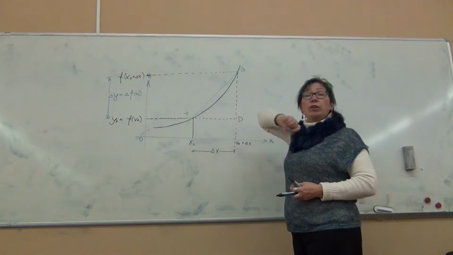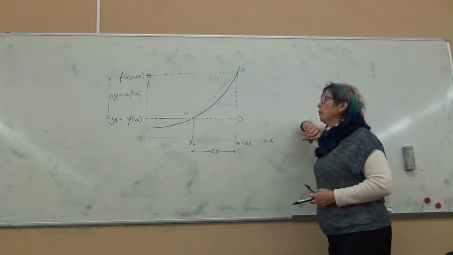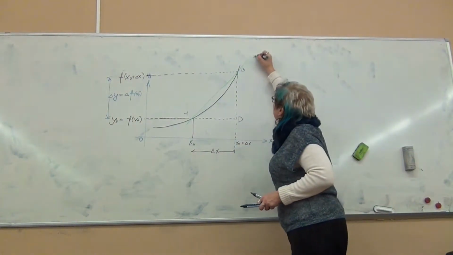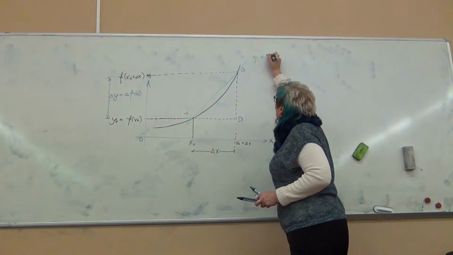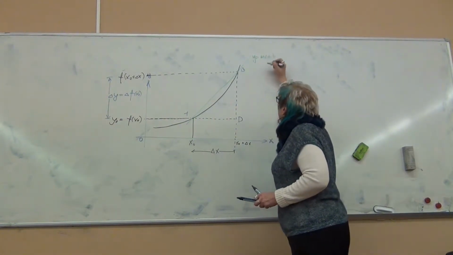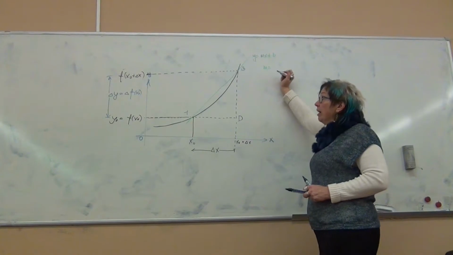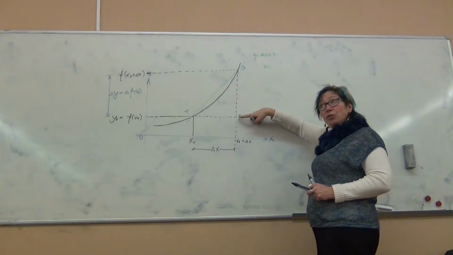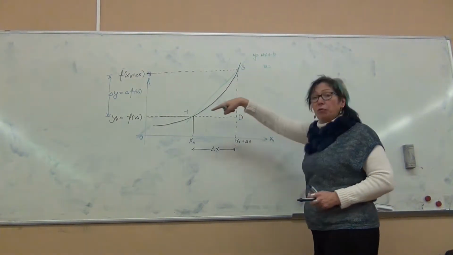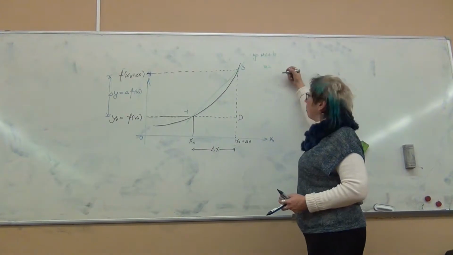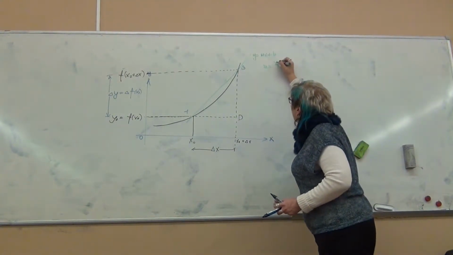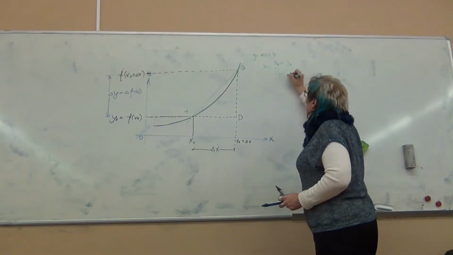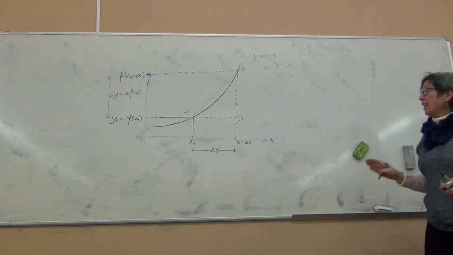I want to remind you that if this line has equation, for example, mx plus b, then the slope m of this line is found as the difference of the y values divided by the corresponding difference of the x values, if you remember. So I could write y at point B minus y at point A divided by x at point B minus x at point A.